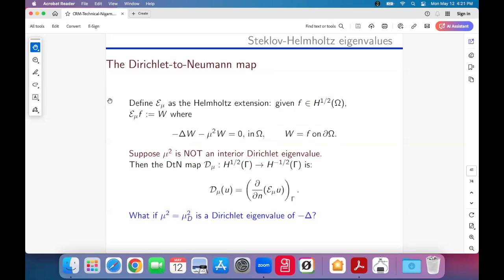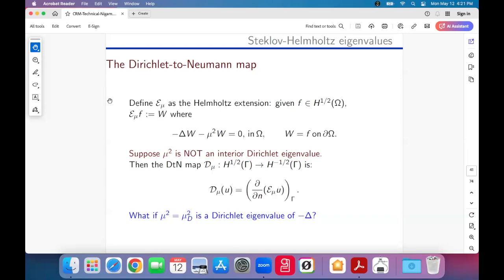And so to think about this, we have to go to the Dirichlet to Neumann map. The Dirichlet to Neumann map takes Dirichlet data on the boundary, looks at the Helmholtz problem that's solved with that Dirichlet data, and then spits back the Neumann trace. Okay?